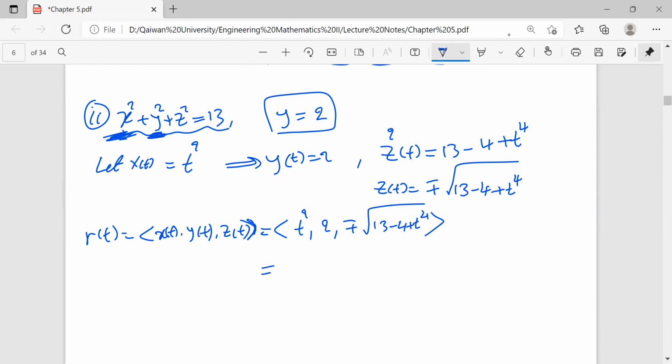This equals t squared i plus 2j plus or minus square root of 13 minus 4 plus t to the power 4 k.